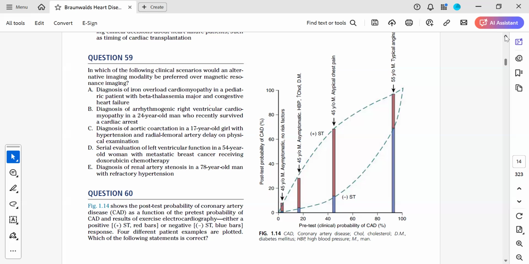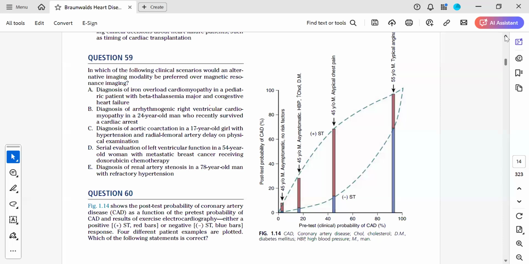Question 60 is testing our knowledge on pre-test probability. The pre-test probability essentially indicates whether there is a strong likelihood of a disease based on clinical factors.